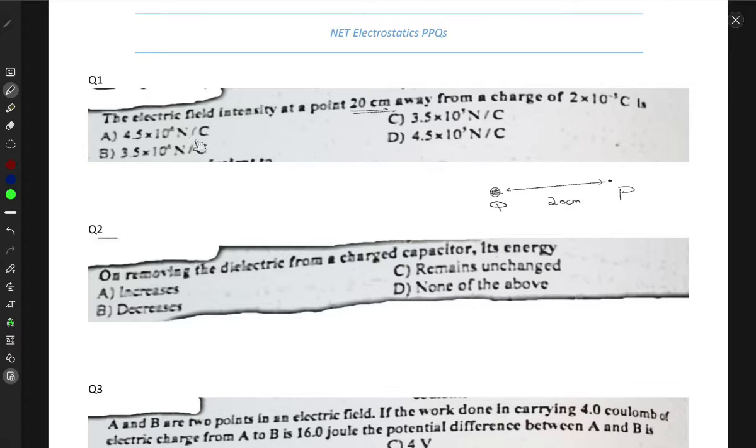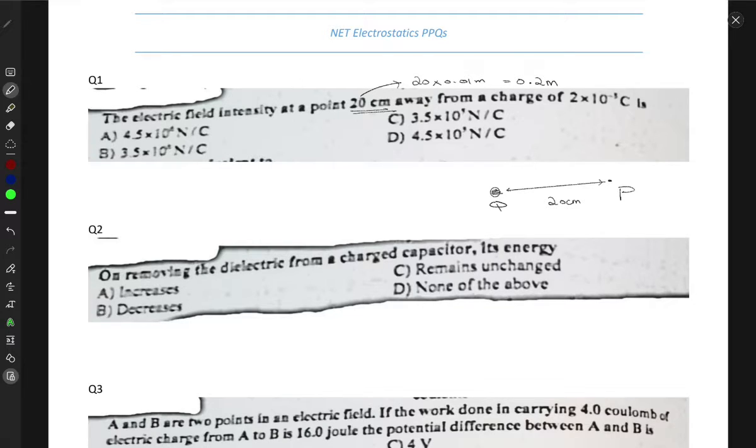Note that all of the options you're given are in newtons per coulomb, which means they have been using SI units, and the SI unit for distance is meters. So you'll have to write this in meters, which would be 20 times 0.01 meters, because that's a centi, which becomes 0.2 meters. So that's the distance.